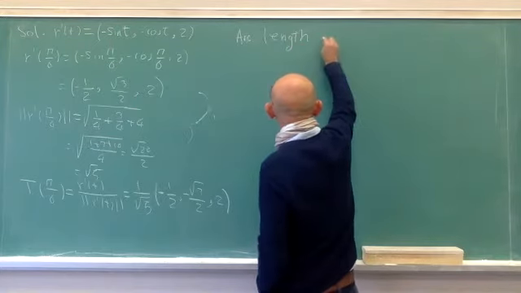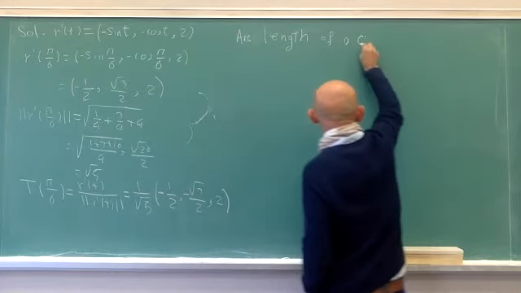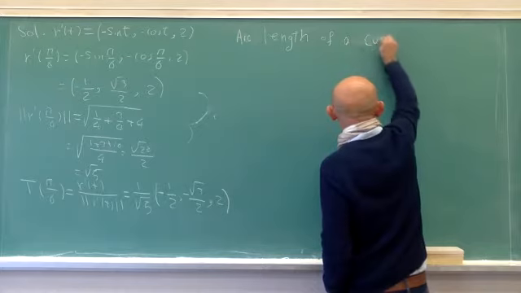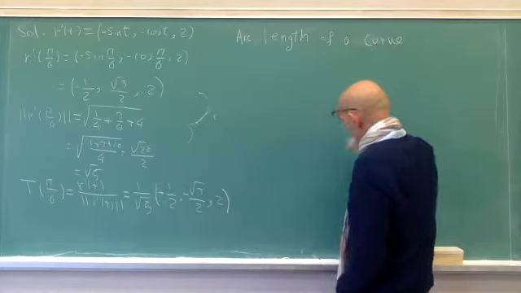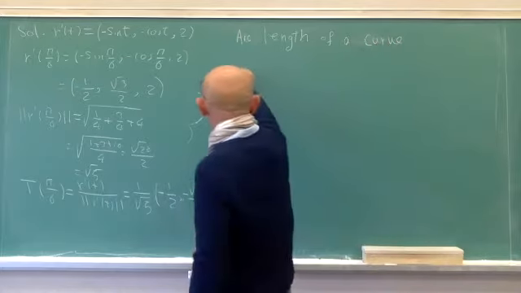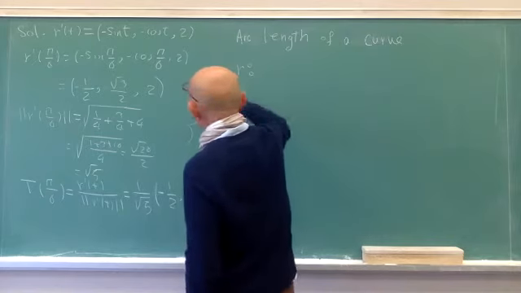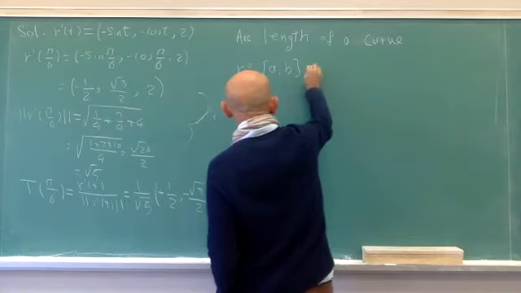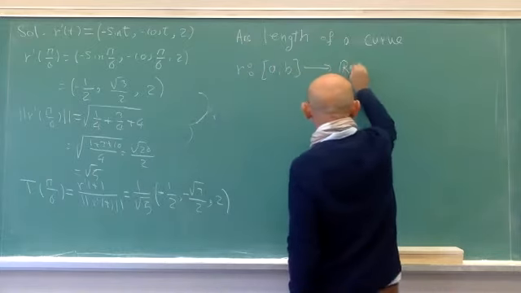Arc length of a curve. Okay, so now the idea is this: we have this curve r, which we are thinking of as going from some interval [a, b] to R3.